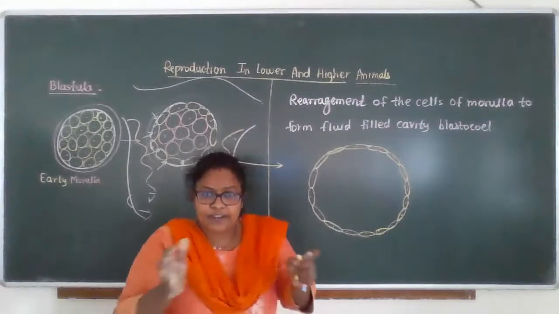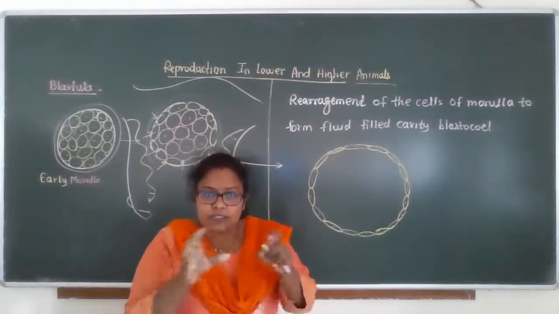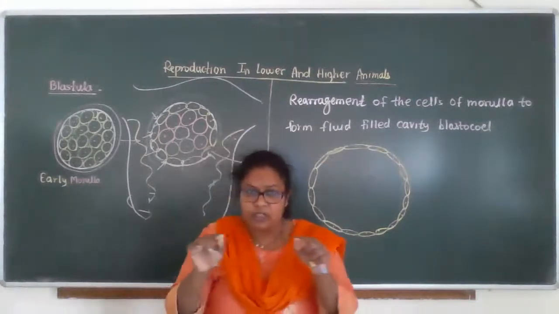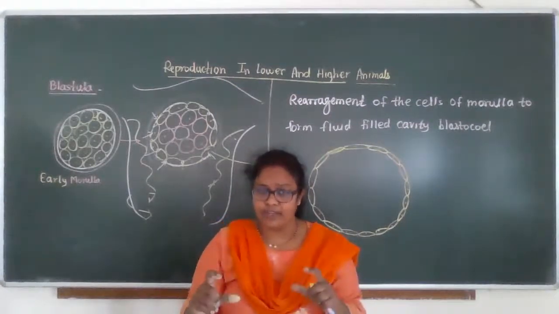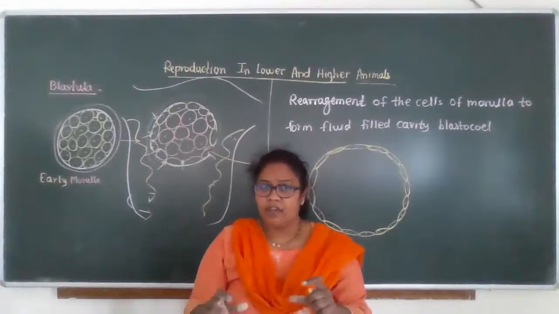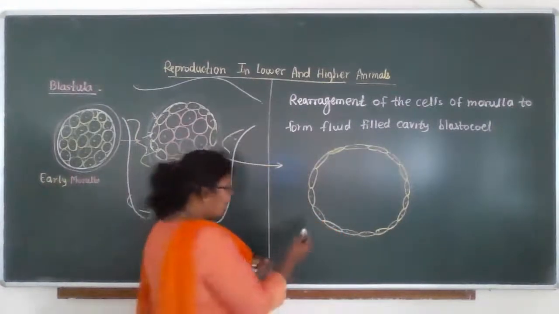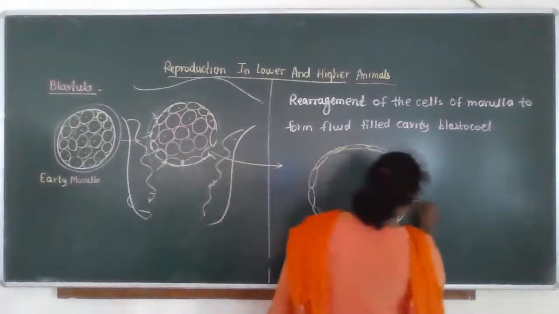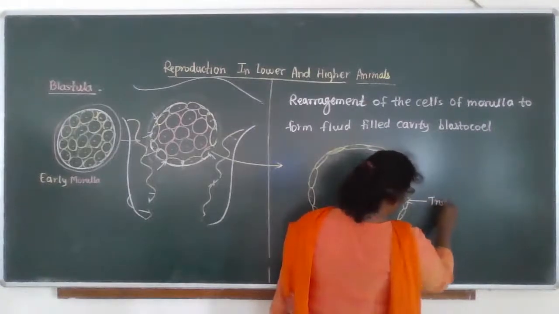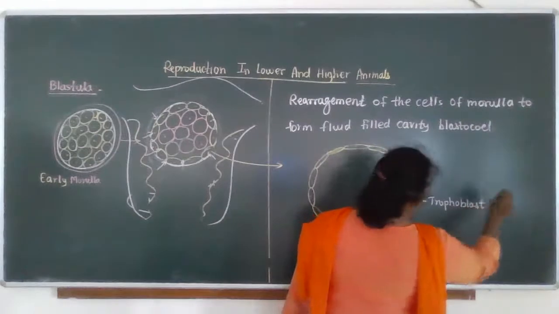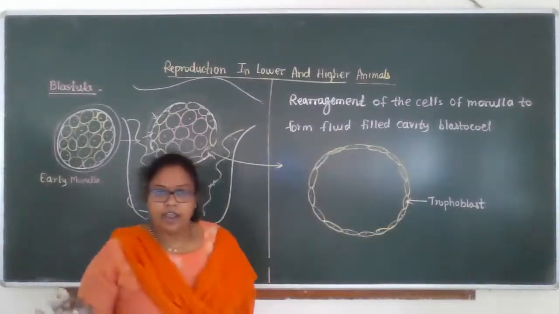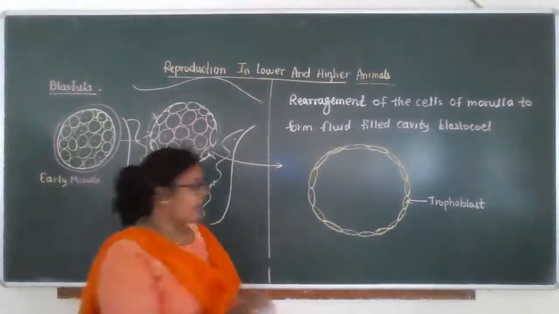Pressure is exerted on the outer cells, and these cells get elongated and straightened, and this layer is called the trophoblast. Clear, everyone? How the trophoblast layer gets formed?